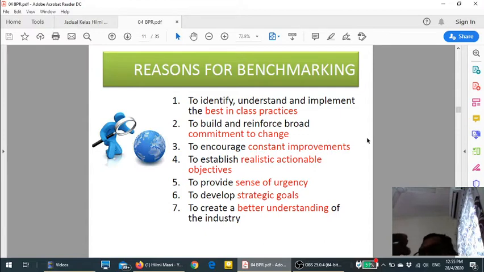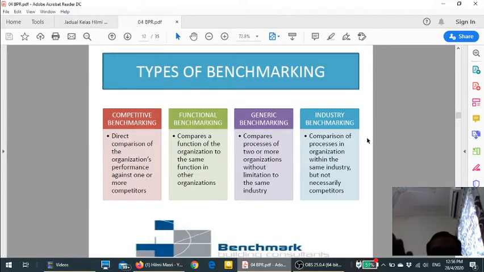So with benchmarking, you look at the KPI, you look at other competitors, other organizations, and you compare with them, and then we try to find out what we can improve on our own part, because you cannot improve the other organizations' condition, but we can improve on our own.